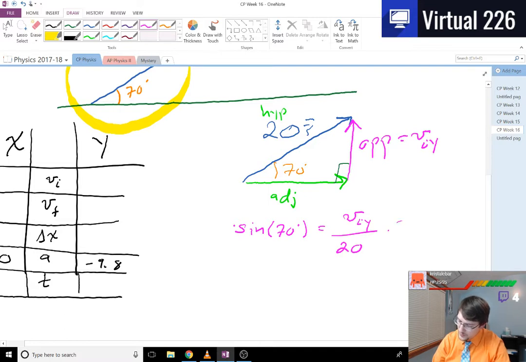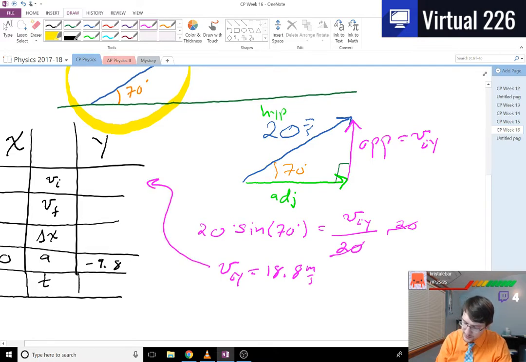If I multiply each side by 20, the 20s go away, and 20 sine 70 equals the initial y velocity. If I shove that into my calculator, I get that the initial y velocity equals 18.79. I'm just going to round that up to 18.8 meters per second. And I can put that right up here in the box.